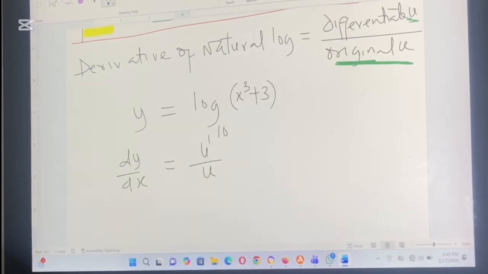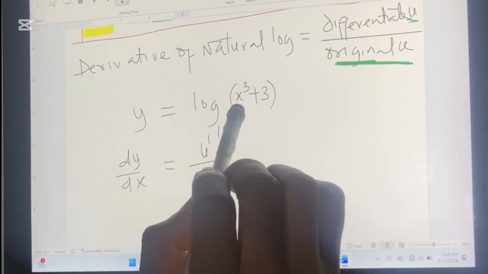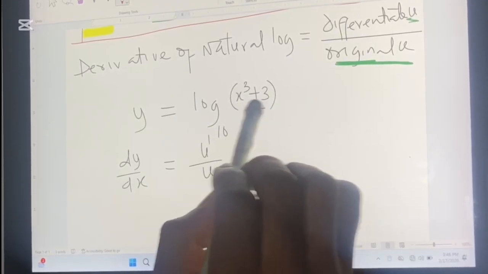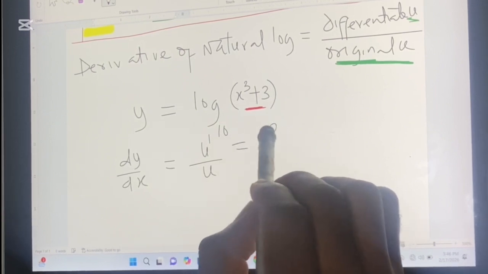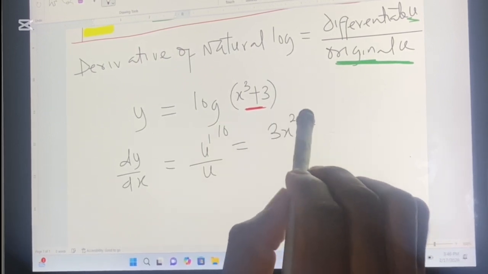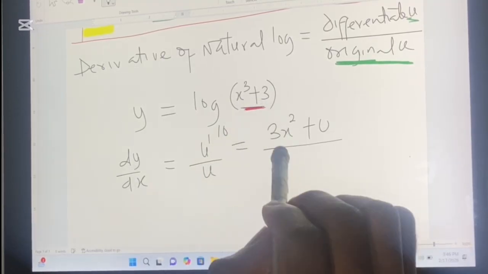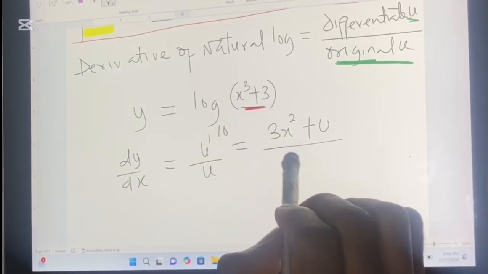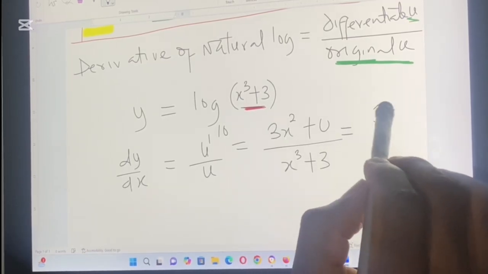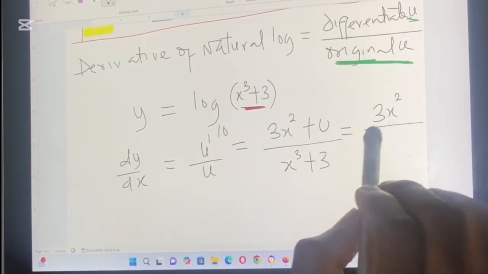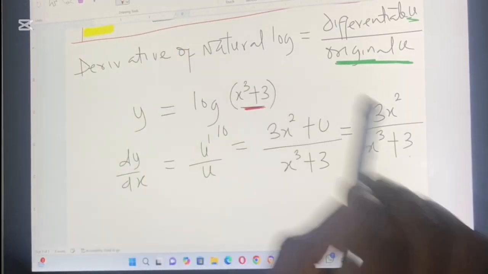That is the meaning there. So we have to identify what is standing as u here. This part is standing as u. So differentiate this. When you do that, we have this to be equal to plus 3s squared plus 0 over, repeat the u, this will be s raised to 3 plus 3. So when you simplify this, I will have 3s squared over s raised to 3 plus 3. This is my answer here.